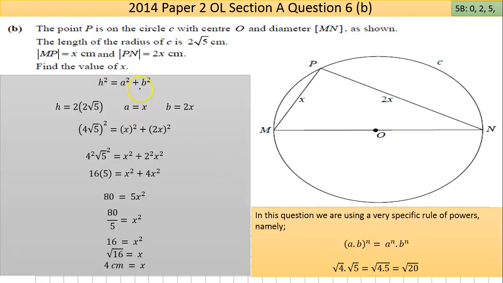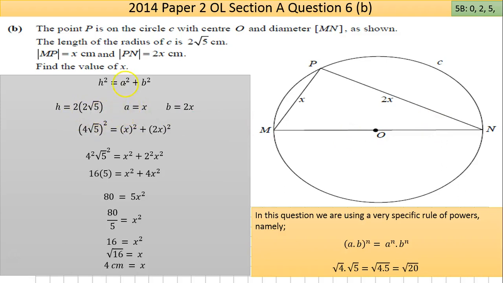So Pythagoras is written out here. I'm told that the length of the radius is 2 square root of 5. Now that's the radius. I'm looking for the hypotenuse of this triangle, which is twice the radius. That's why I have 2 times 2 square root of 5, which is the same as 4 square root of 5.